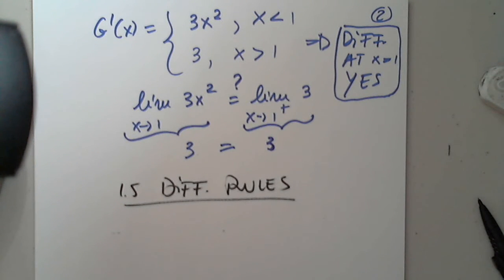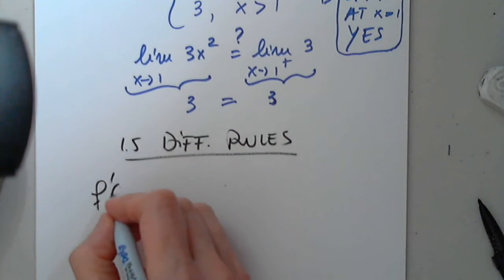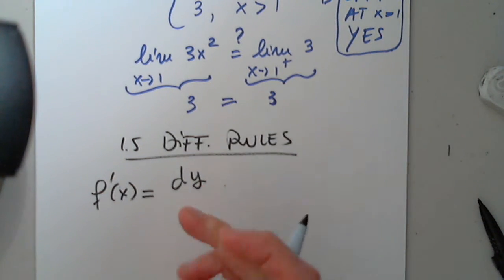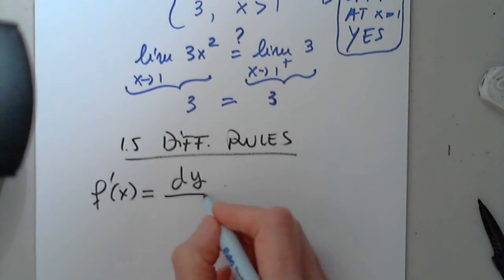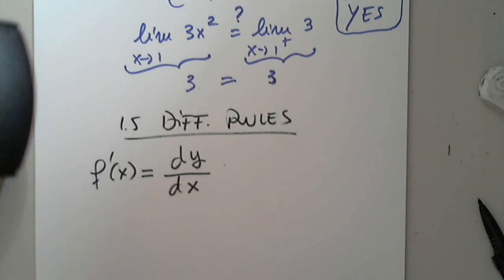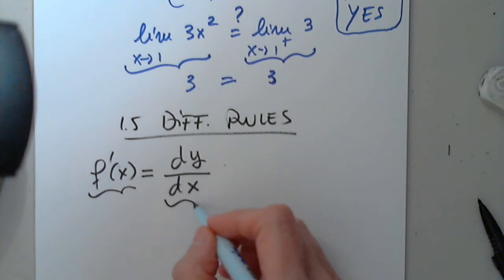Differentiation rules. Okay. So first let's identify the fact that f prime can be rewritten as the derivative of y, or f, the same thing, with respect to x. Okay? So this is a notation. This is a different notation.